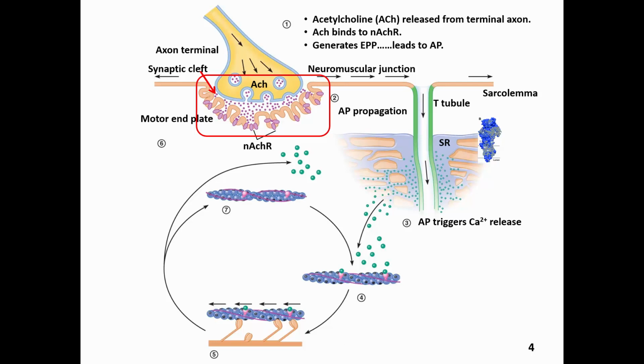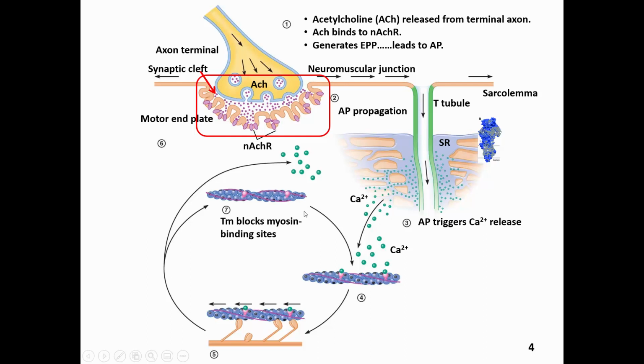And when calcium is triggered to release because of the action potential of the muscle cell membrane that travels down the transverse tubule system, calcium will move from storage into the cytoplasm, and as such will interact with contractile proteins.